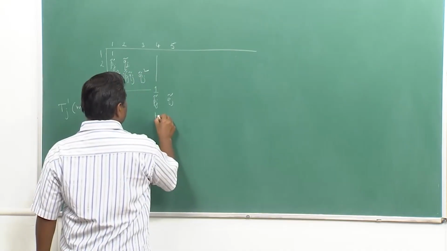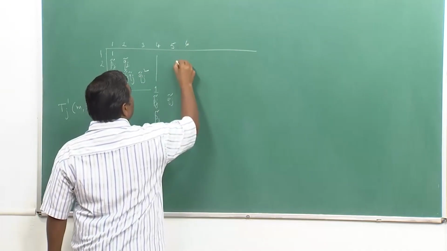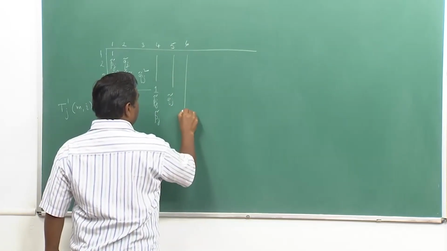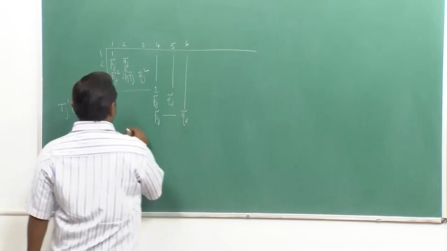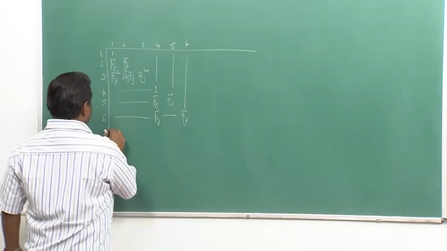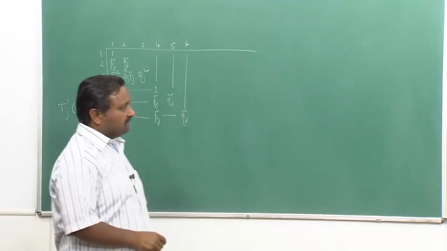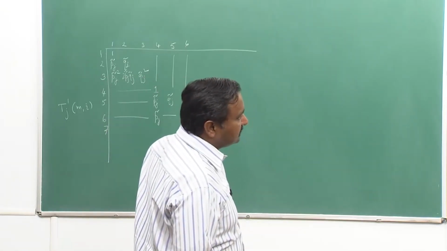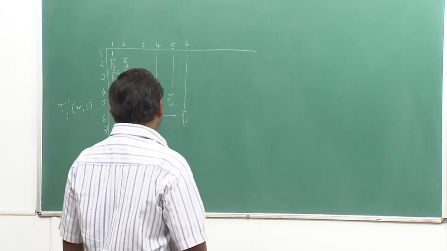In the 7th state there are 2 packets. If both of them go out, you come to 4.